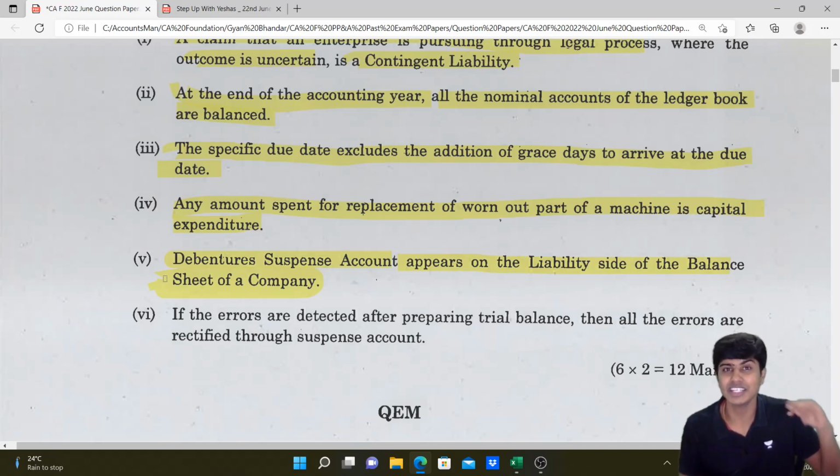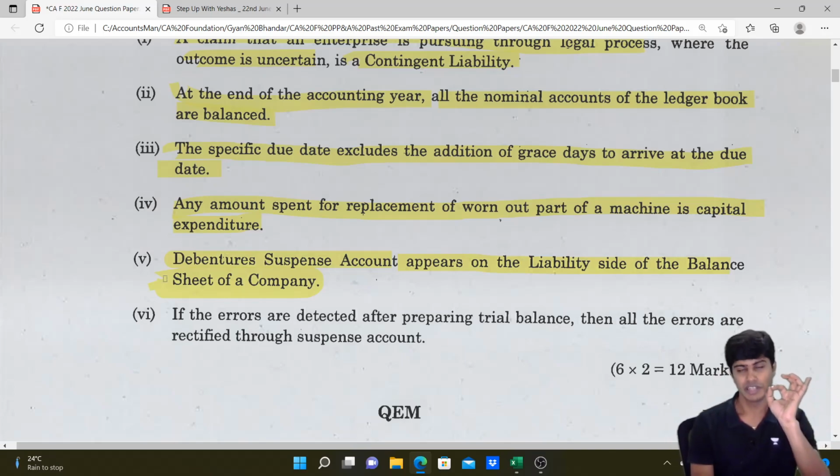But I cannot write cash account debit because I'm not receiving money by way of debentures. So in the debit I'll write debenture suspense account. Whenever debentures are issued as collateral security, we pass two entries. Entry number one, bank account or cash account debit to loan account. Entry number two, debenture suspense account debit to debentures.